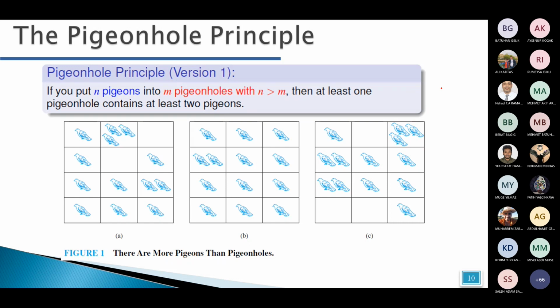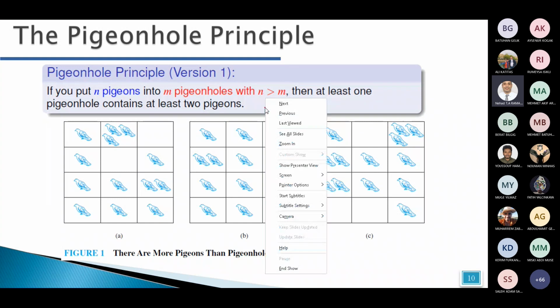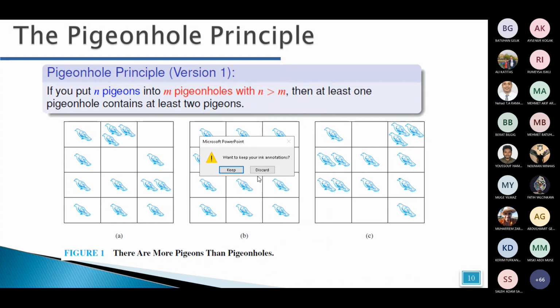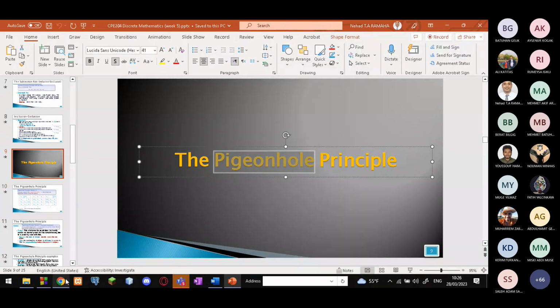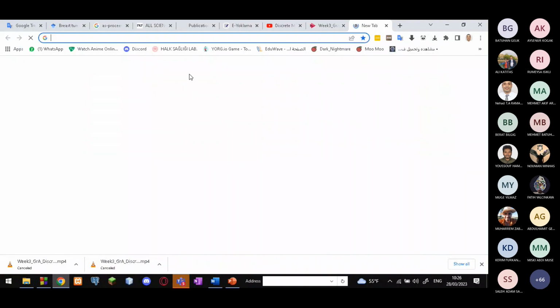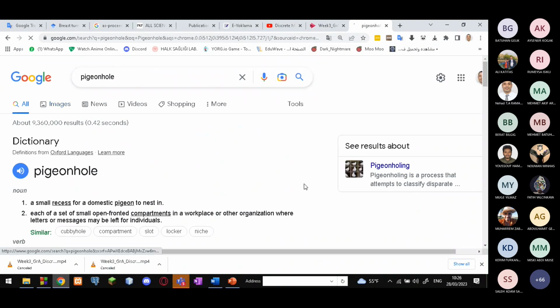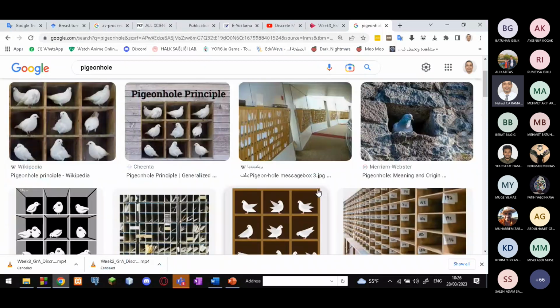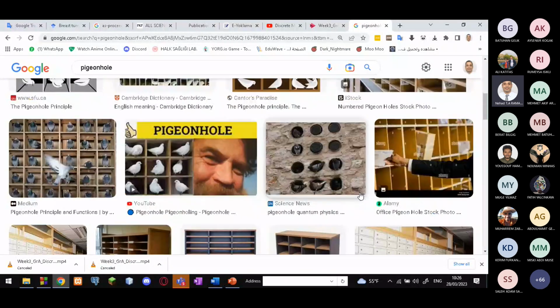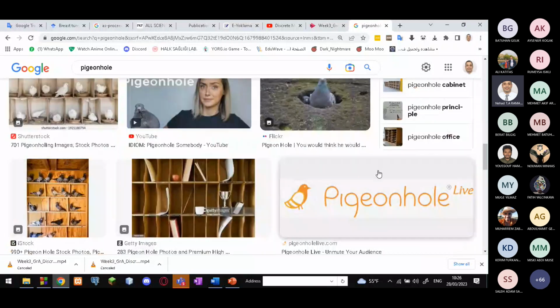Let me show you something here. These are pigeon holes. There are many types of pigeon holes around the world.